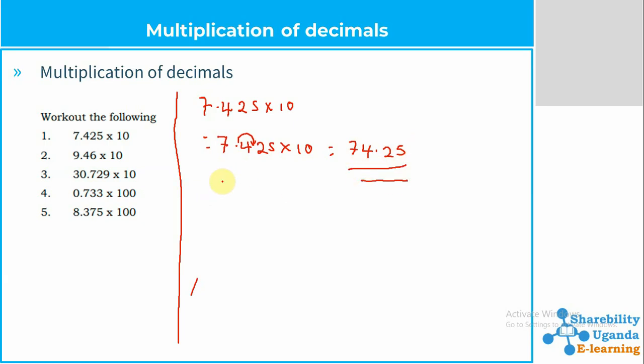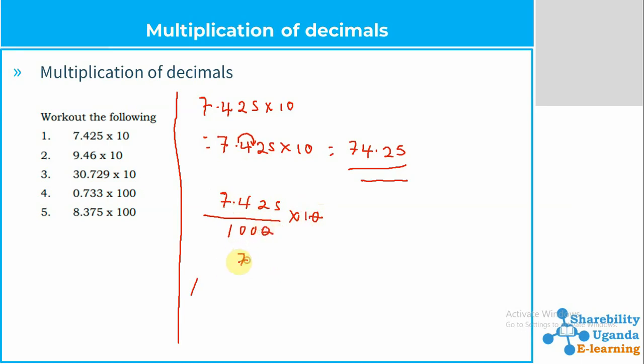When we use the other approach, we have our 7.425. We divide it by how many? By 1,000. 1, 2, 3. We put a 0 here, we add. Then we multiply by what? By 10. So now this simply means that we shall cancel this 0 with this.